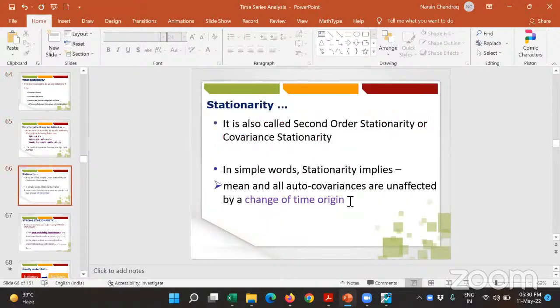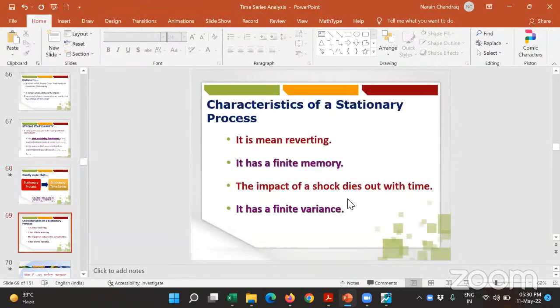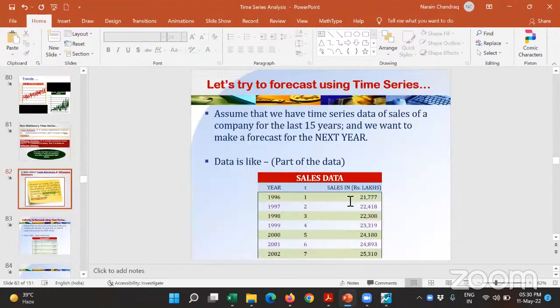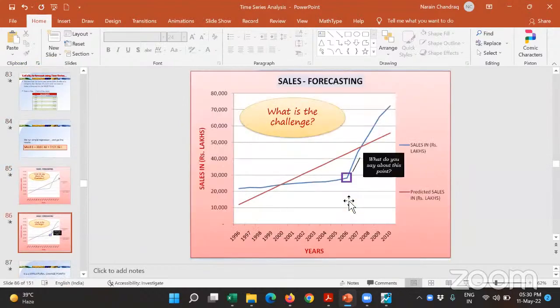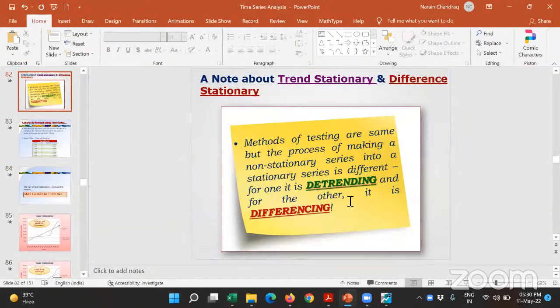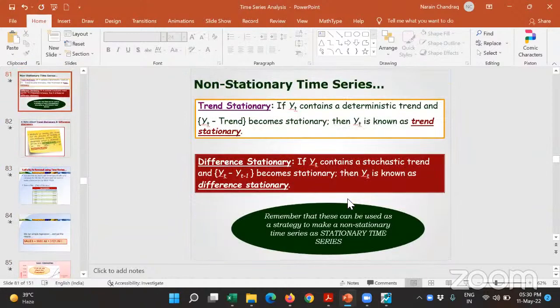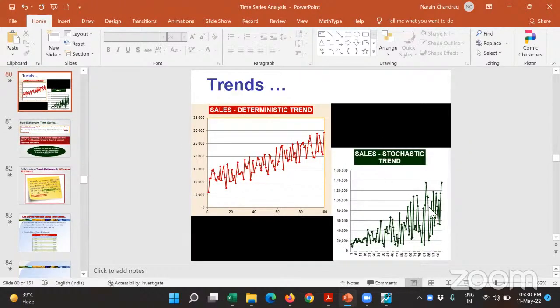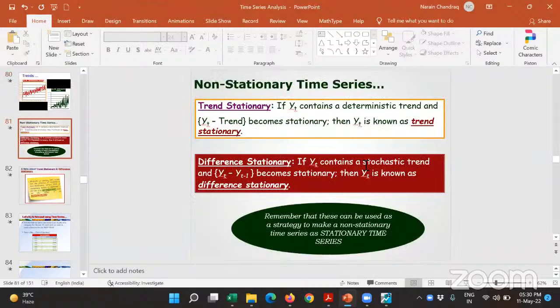Now to test this stationarity itself, we are talking about certain statistical tests, and how this stationarity is getting violated. I already talked about in the previous session that it's either a deterministic trend or a stochastic trend which might be resulting into a non-stationary series, and also the structural breaks can make your series non-stationary as well.